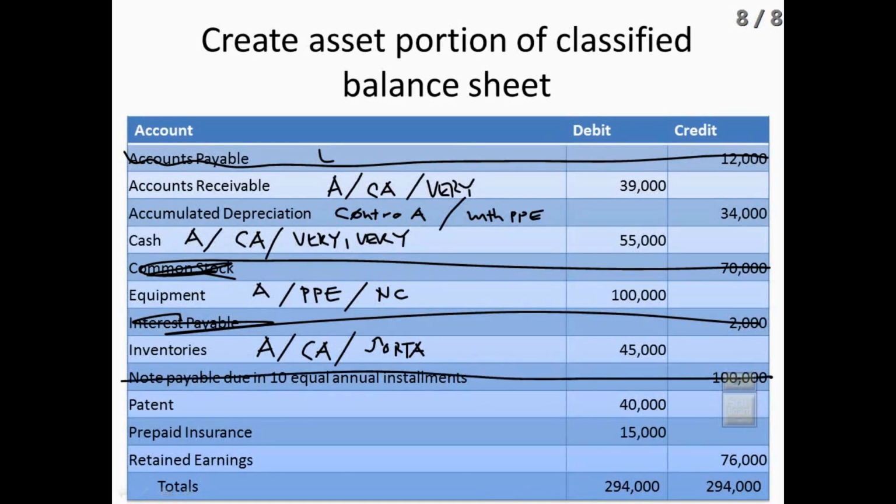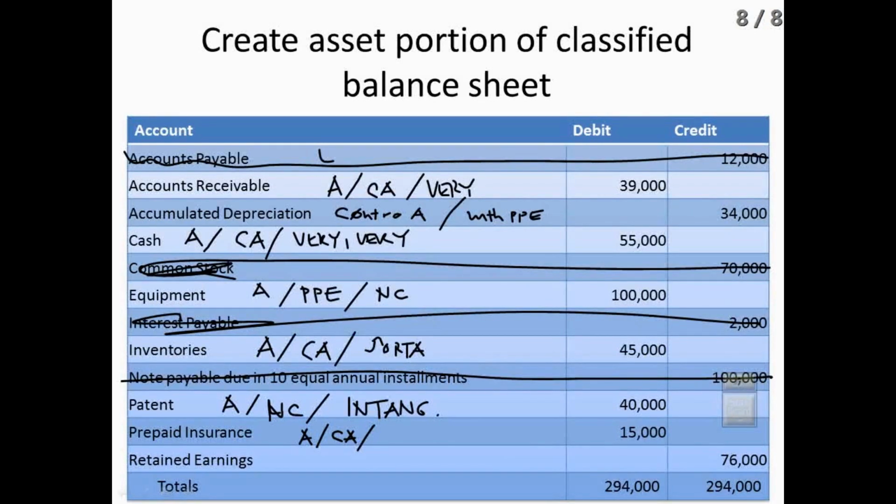All right, patent. Long-term asset, so non-current. And what kind of asset? Intangible. So if we have a category for intangibles, it should go there. Prepaid insurance. Current. How liquid?